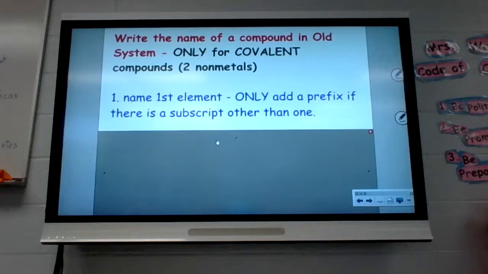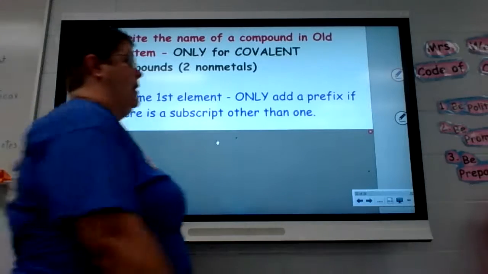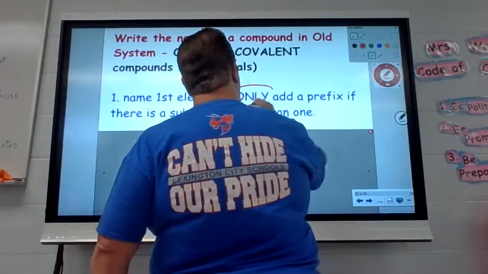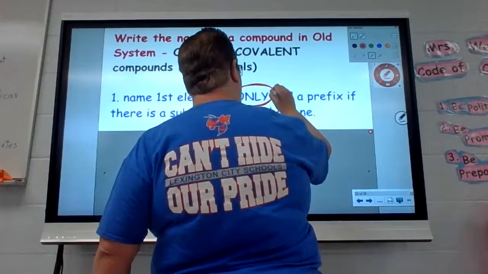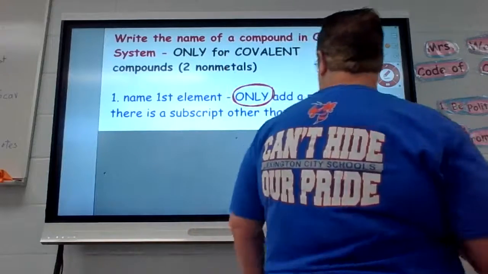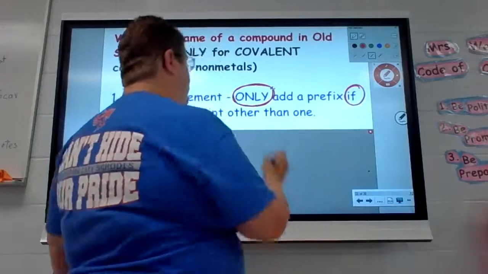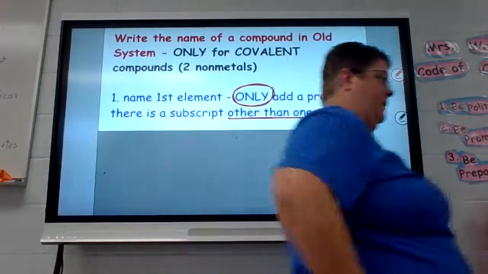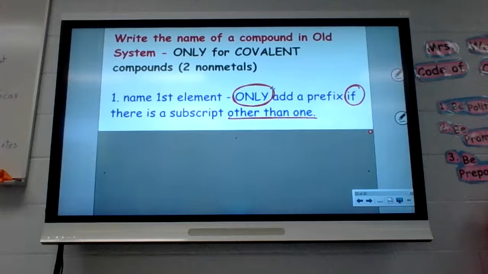Add a prefix. And I use two words here that are key. Only add a prefix if there is a subscript other than 1. So are we always going to add a prefix? No, and that's the key.